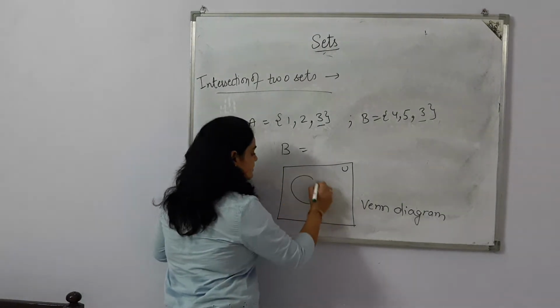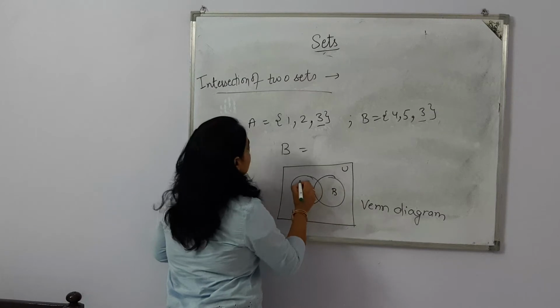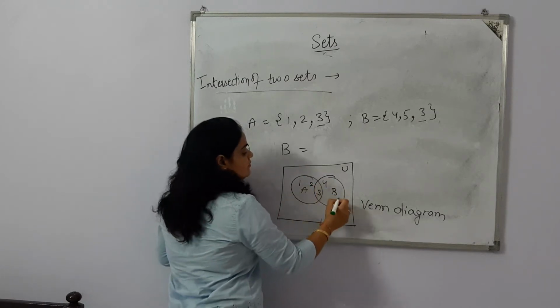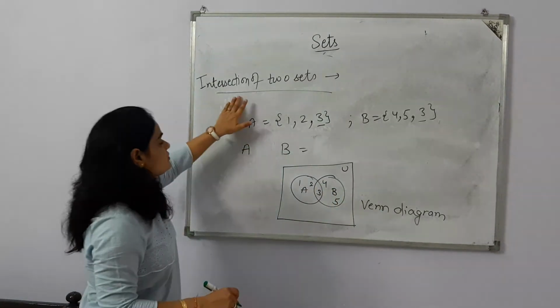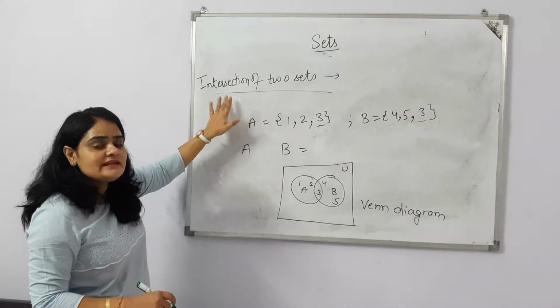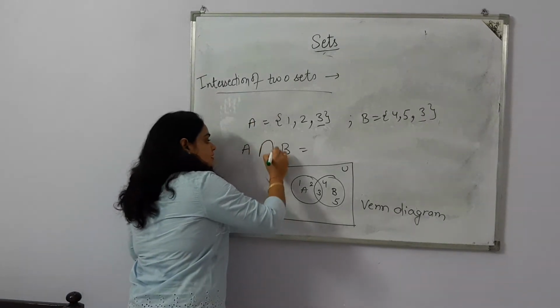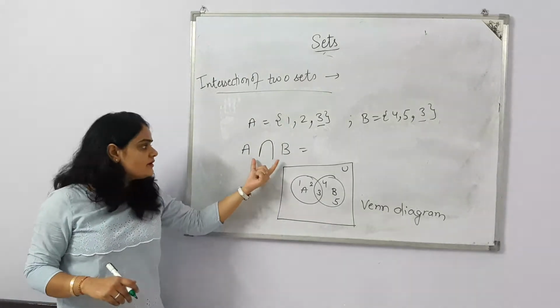We'll draw the Venn diagram, A and B, and here we have 1, 2, and in the common portion 3 is coming, then 4 and 5. Intersection means common portion. So the symbol which denotes intersection is this. This is the symbol of intersection.